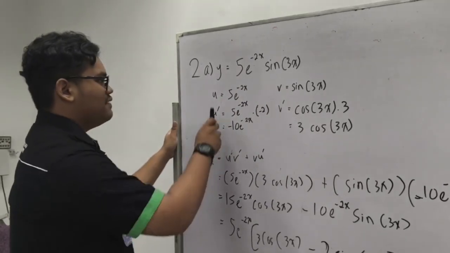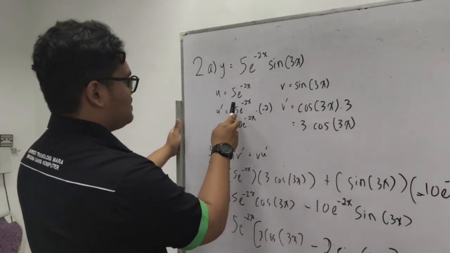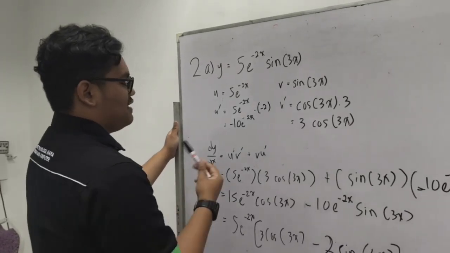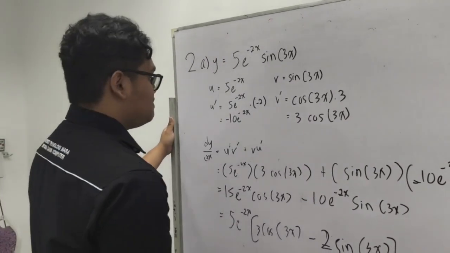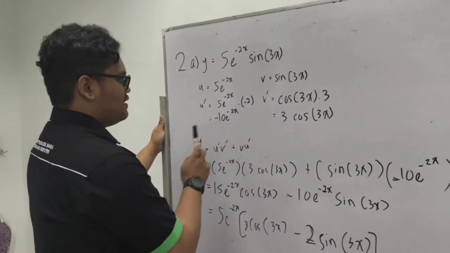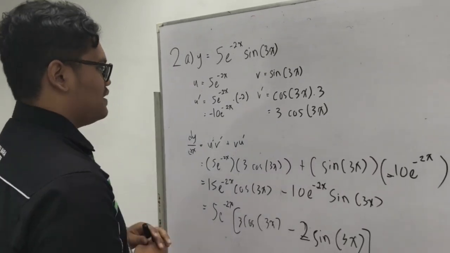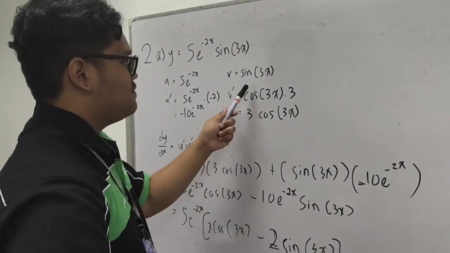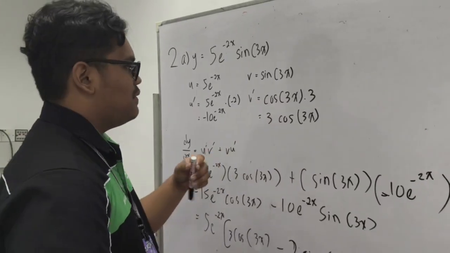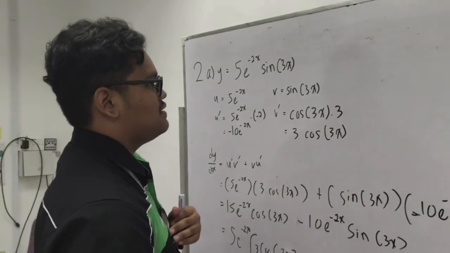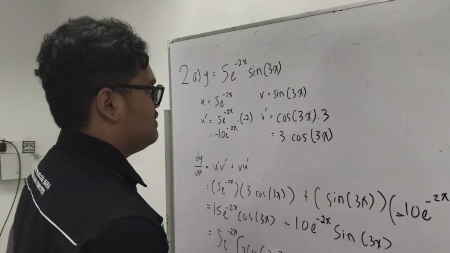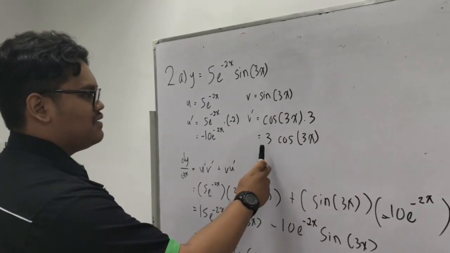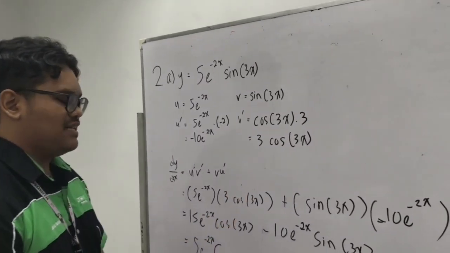So for u we have 5 e to the power of negative 2x, and when we differentiate it using the exponential term, we will get negative 10 e to the power of negative 2x. Now for the v, we use the trigonometric term. When we differentiate it, we also use the trigonometric rule, and we will get 3 cos 3x.